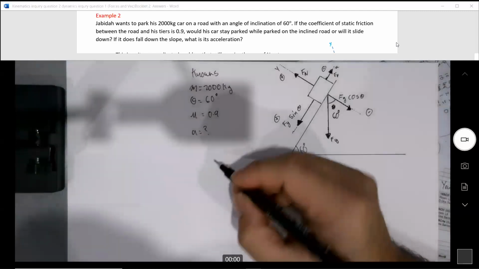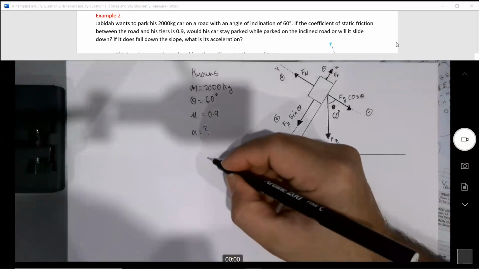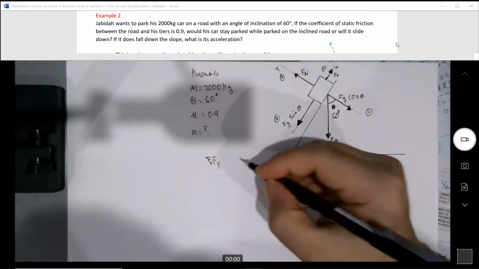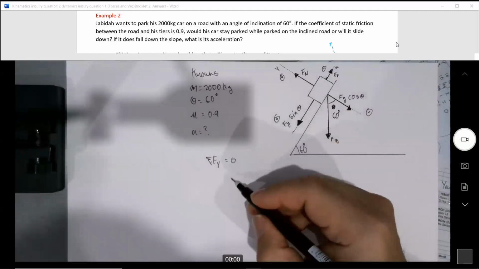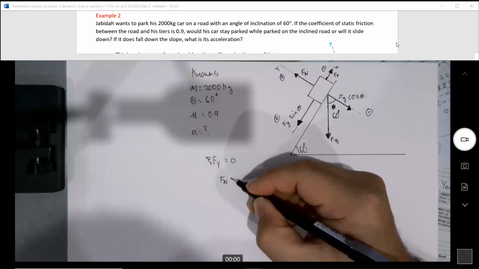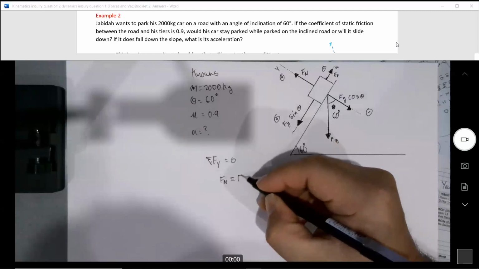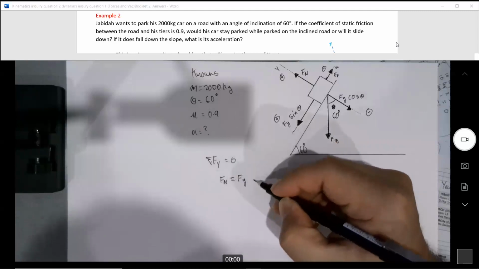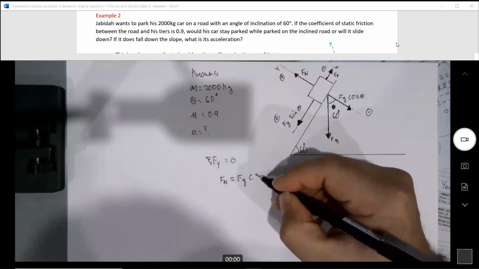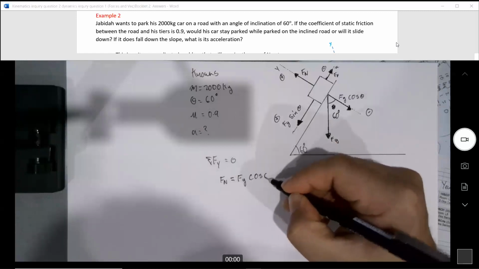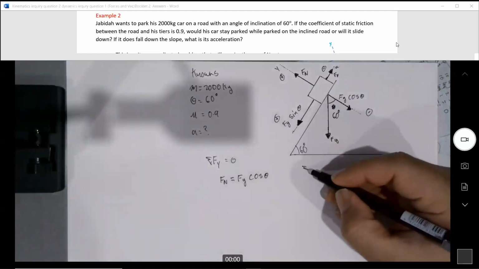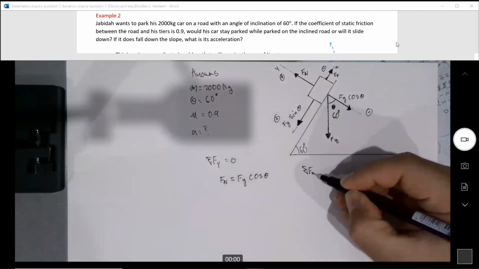So yes, again, in this situation, the forces along the y-axis have to be in equilibrium, they have to equal 0. So our normal force is going to be equal to the cosine component of the weight force. Let's have a look at what's happening with forces on the x-axis.